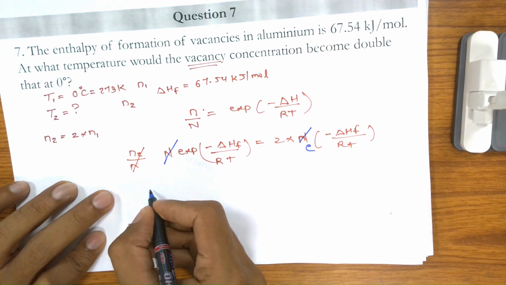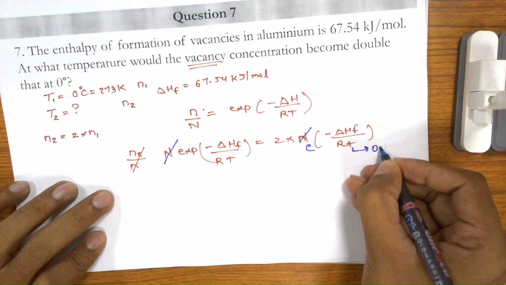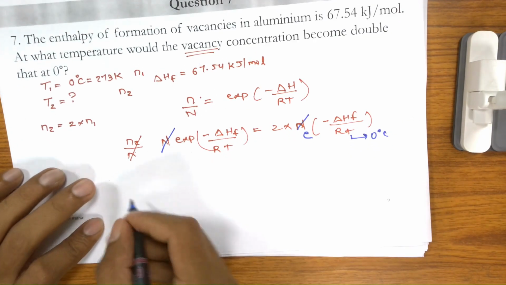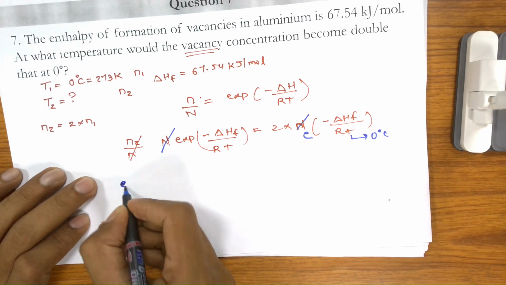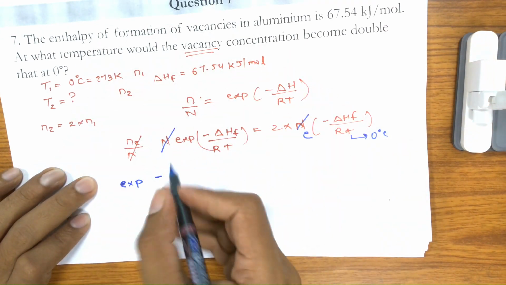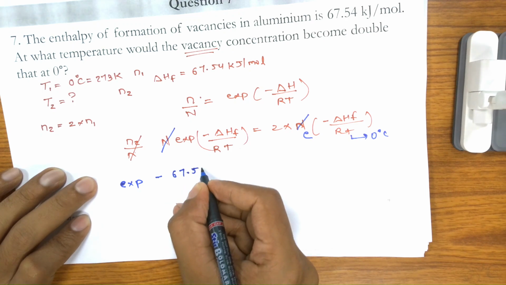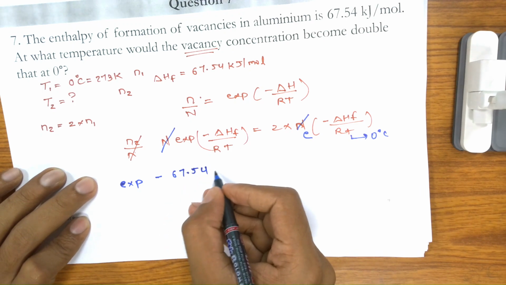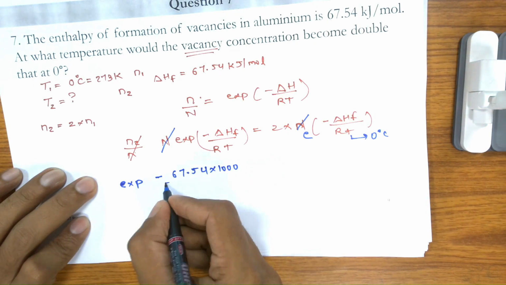What we can say is that again this temperature is 0 degree Celsius. Let's substitute all the values now. So what we will get from here is exponential of minus the enthalpy of formation, which is given to us, that is 67.54 kilojoule. I will write 1000.